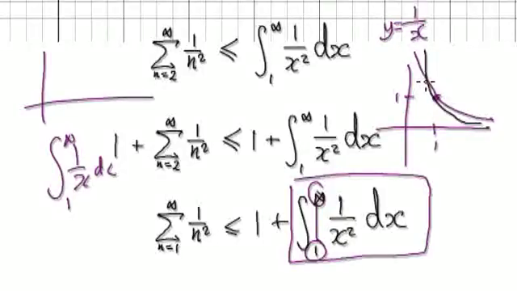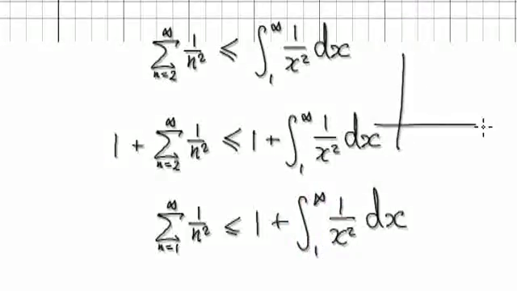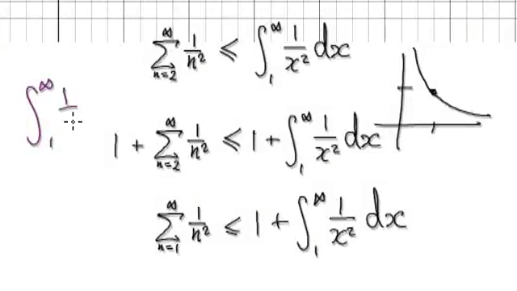Hang on, let's start again. 1 over x looks like this. The integral from 1 to infinity of 1 over x dx, this area here, will diverge.